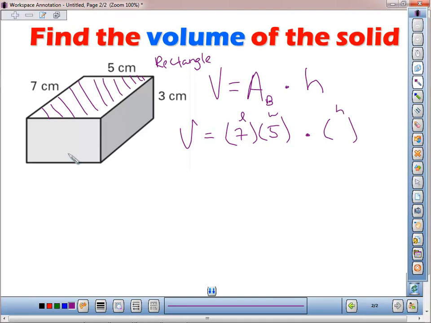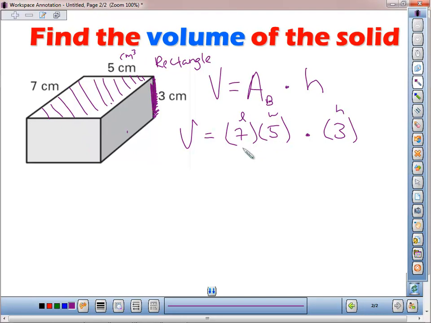And remember, the height is pretty much the distance between the top base and the bottom base. So what is that distance? And I would like you to take your pencil every time. It's kind of like we're stacking that rectangle right there. So how tall is this thing? How much distance between my two matching bases? 3. Okay, so I work this out and I'll know exactly how much three-dimensional space in centimeters cubed we've got here.